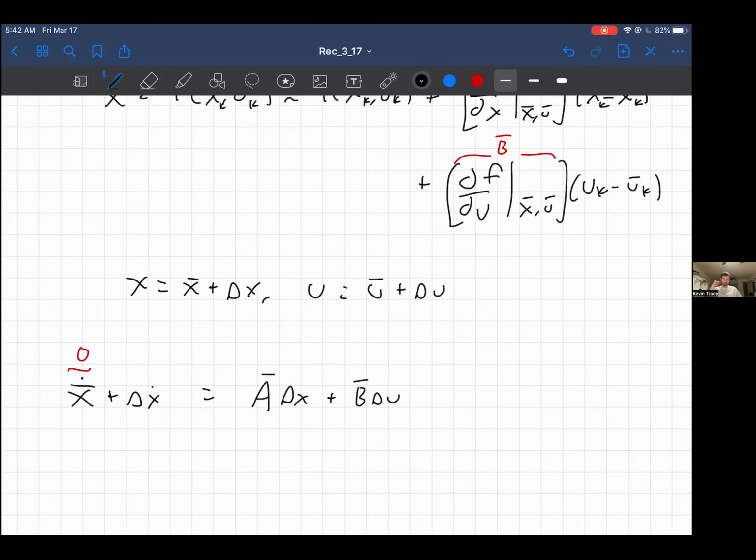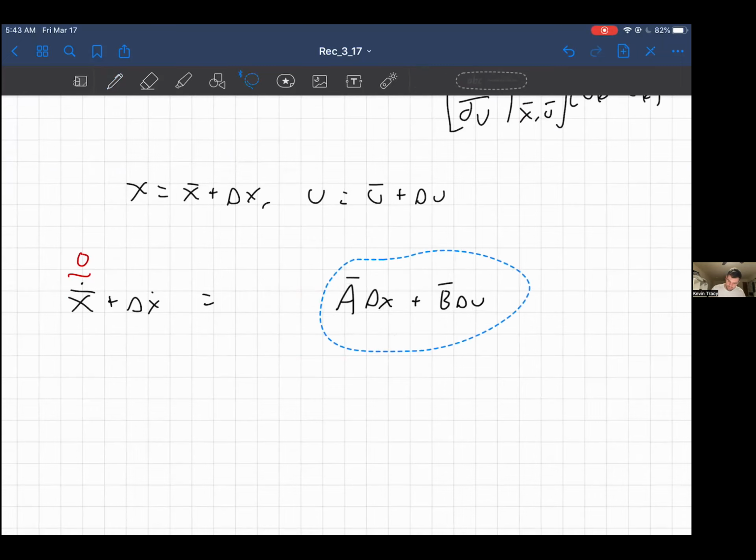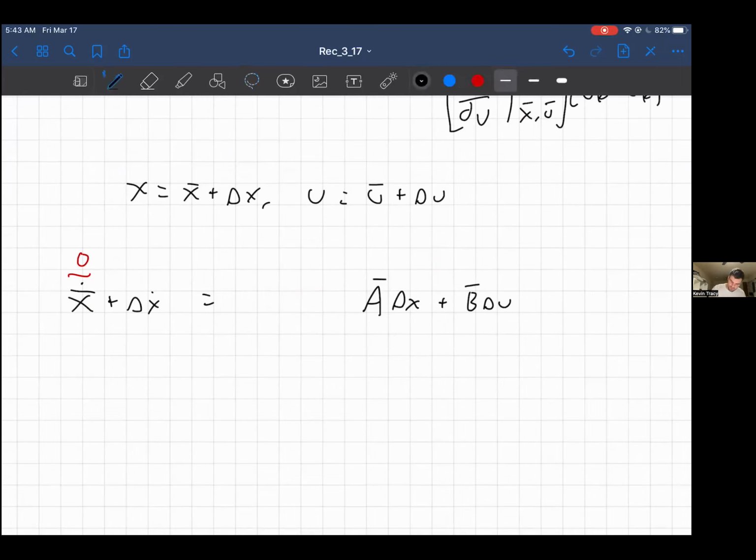So what people were doing is they were taking this system, one last thing. Again, if I assume this is a fixed point, so if I assume that the dot coming out of this thing is 0, that means the x bar, u bar is an equilibrium point. So with the cart pole swinging up, I linearized about this point where, if I perturb it a little bit, it'll go unstable, it'll go away from the equilibrium.